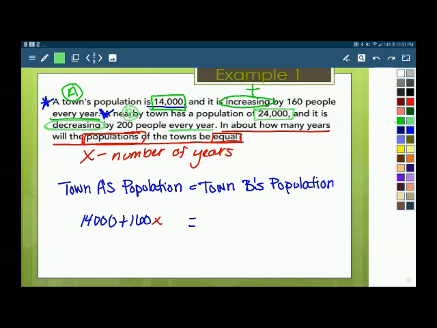Okay, so just like I did last time, I'm going to first write down what the population starts with, which is 24,000. Decreasing would represent subtraction. We're taking away people every year, so we're going to subtract, and that was 200 every year. Again, 200 is not just being subtracted once, it's being subtracted every time a year goes by. So we got to multiply it by the number of years.